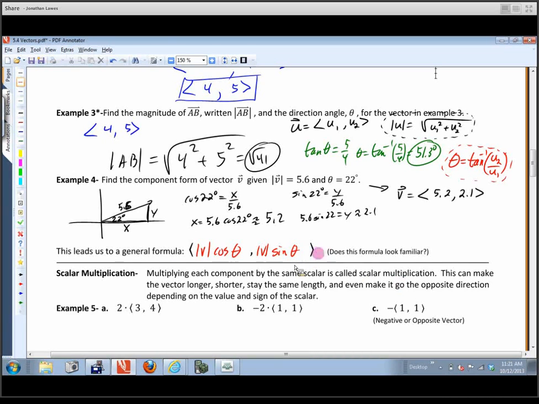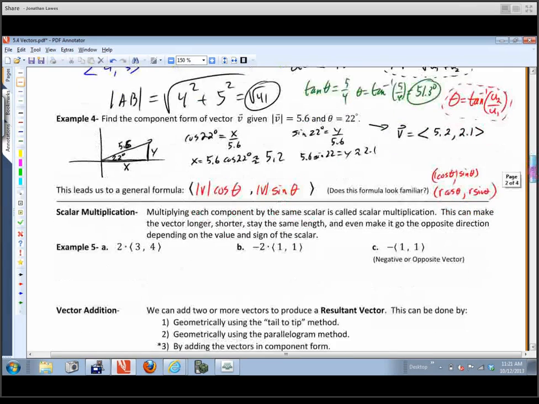And that should look really familiar, because you'll remember when we were working on the unit circle, we always said that on the unit circle, the cosine of the angle is the x-coordinate, and the y-coordinate was the sine of the angle. And if we were to make that larger, all we'd have to do is do r cosine theta and r sine theta. This works if it's 1 for a radius, and this works if it's any radius. So we can kind of see some analogies right there.